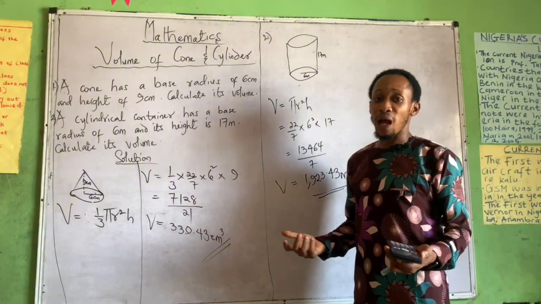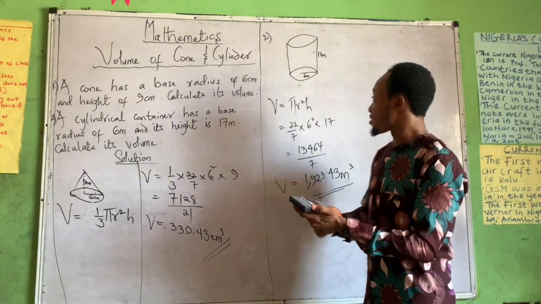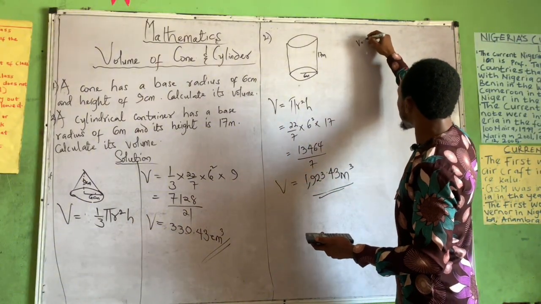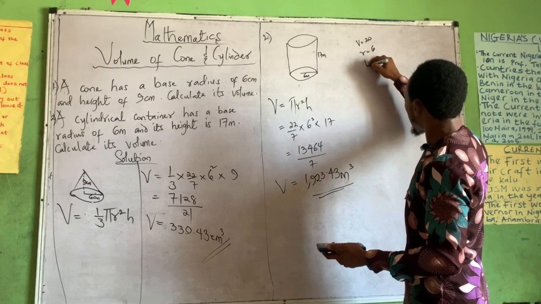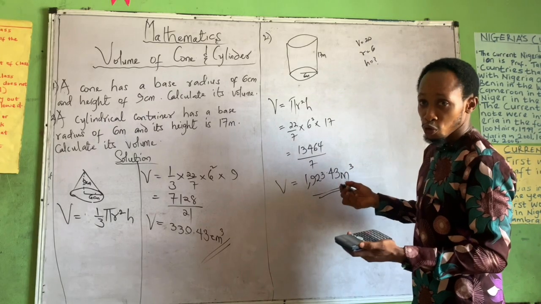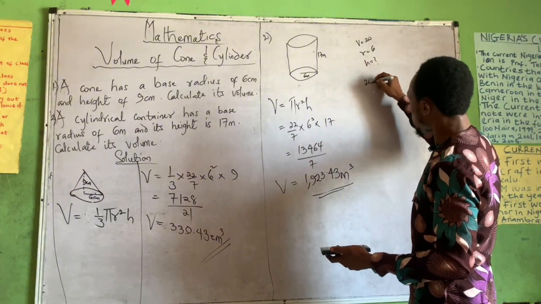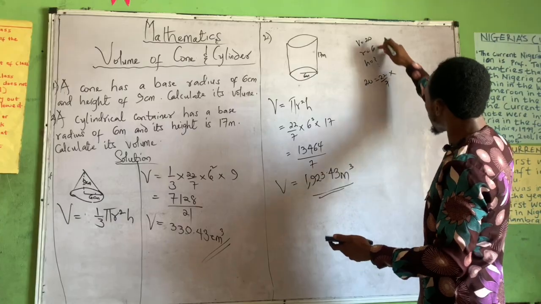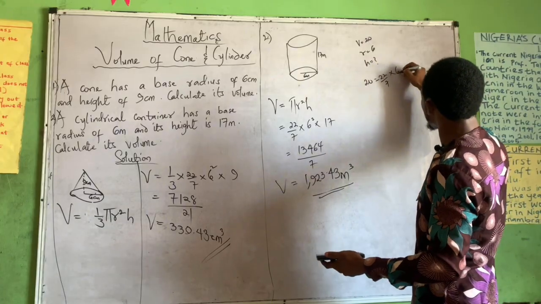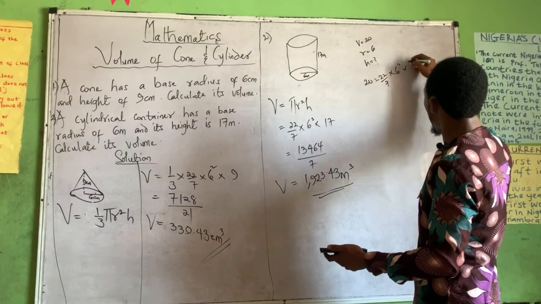Don't forget that sometimes they might give you the volume. For example, if they give you the volume as, let's say, 20, and then they give you the radius as 6, and the height is missing, you know what you should do. Just substitute it here. That will be 20 equals 22/7 times the radius, which is 6 square, then times your height, which is unknown.